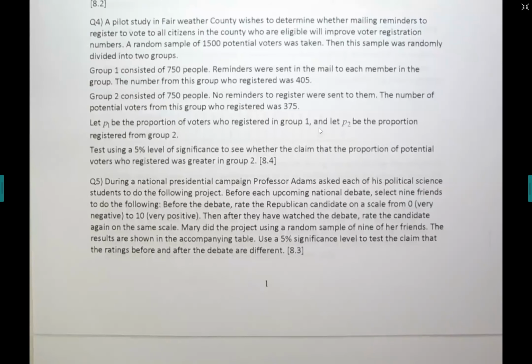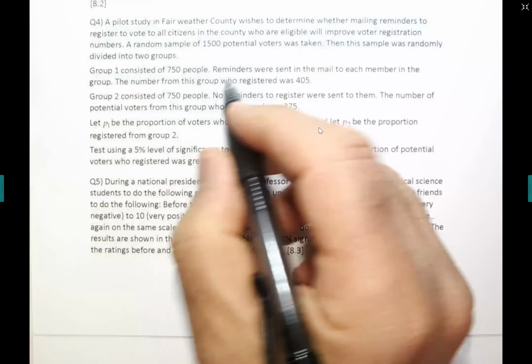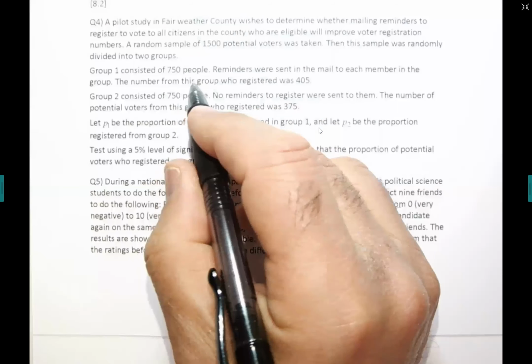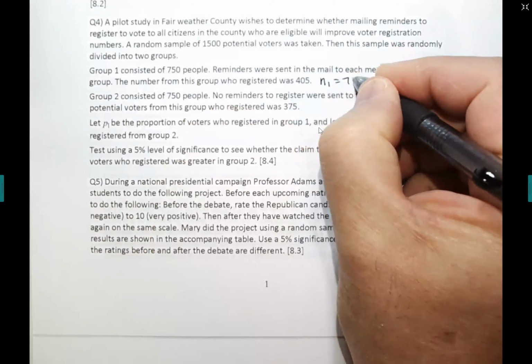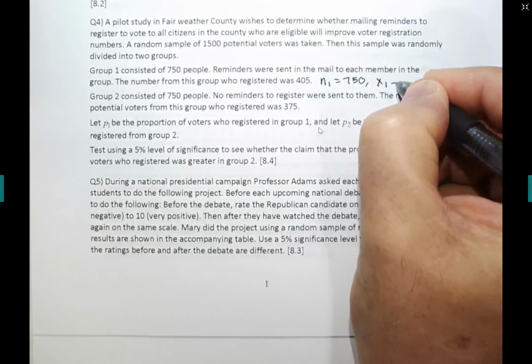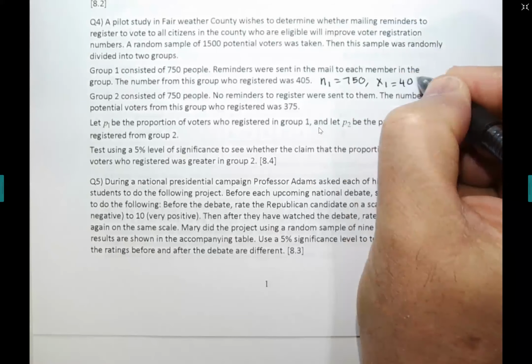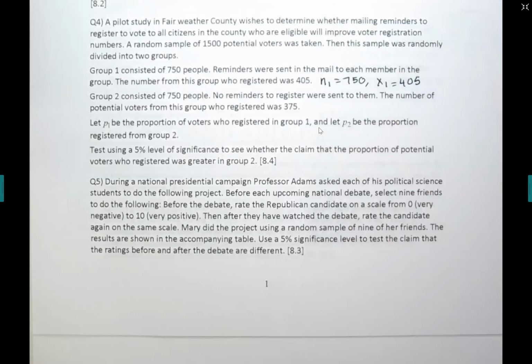So let's start, guys, building the question. So here group 1 consists of 750 people. So we have N1 is 750 and X1, the ones who registered, 405. Group 2 consists of 750.